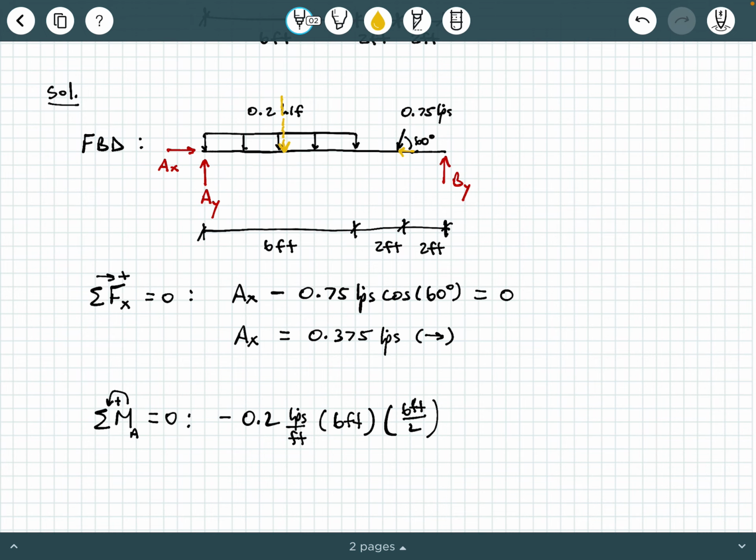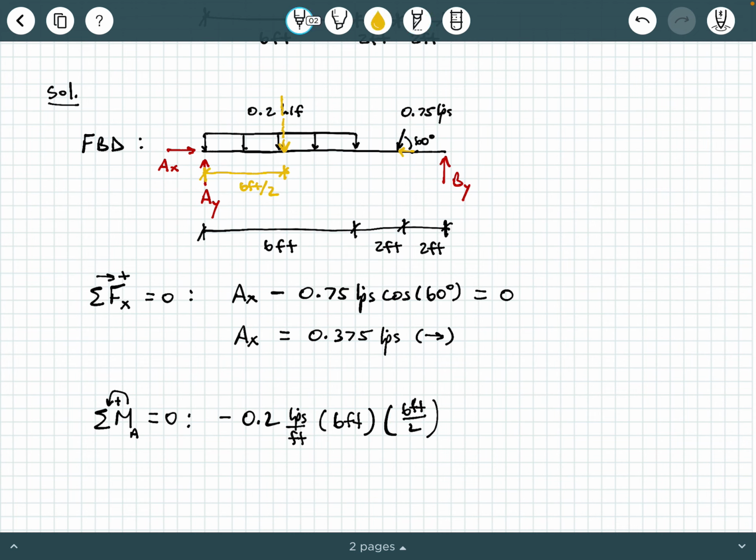Now, that equivalent point load is located at the centroid of that distributed load. And the centroid of a uniform distributed load is right smack dab in the middle of it, which is at 6 feet over 2 distance away from point A. So that means our moment arm, or our perpendicular distance as we call it sometimes, about point A is going to be the 6 over 2.